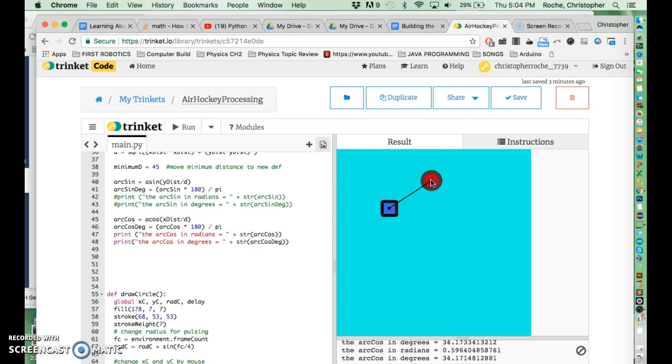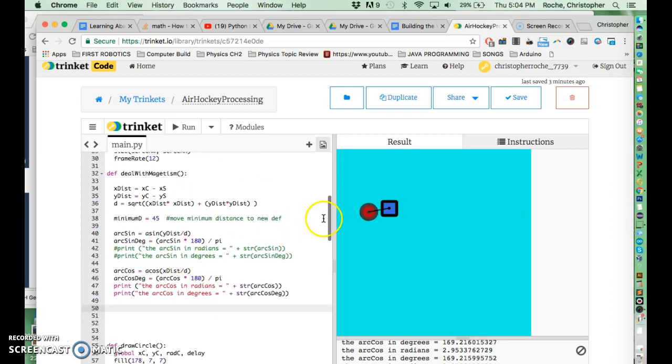So what we want to do is look at whether the distance is within a certain amount. Like here, I think they should be working, right?